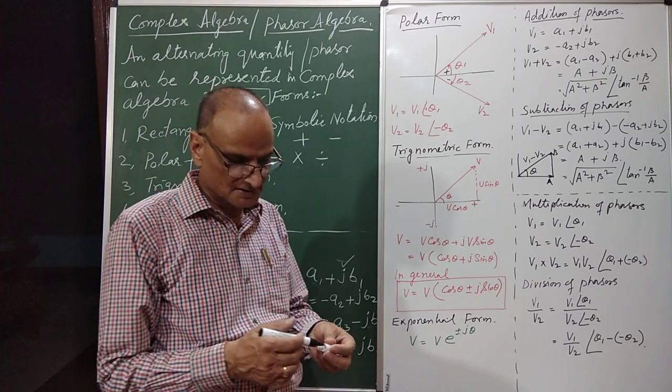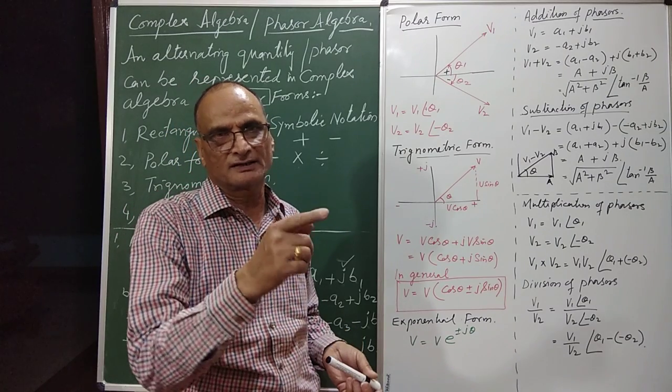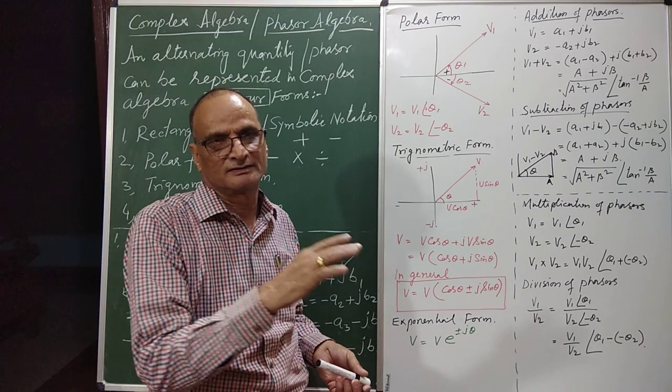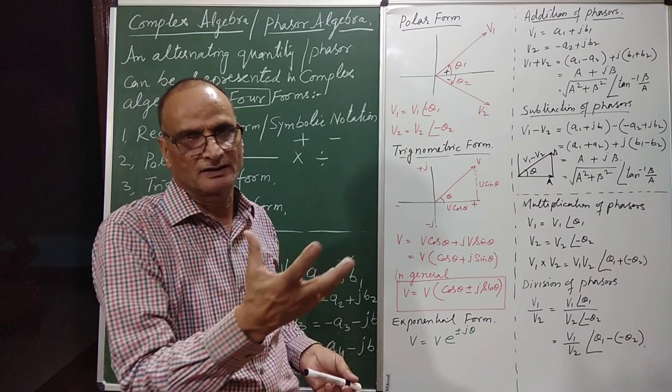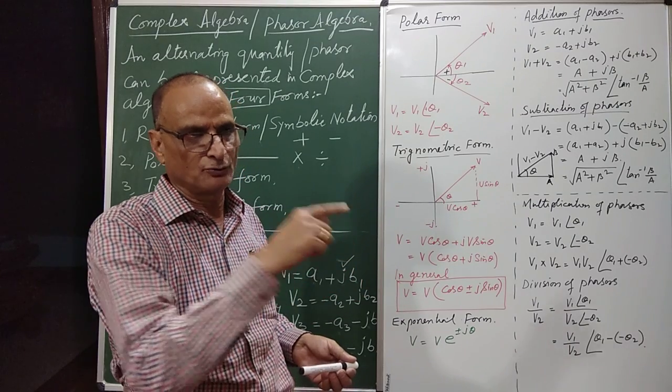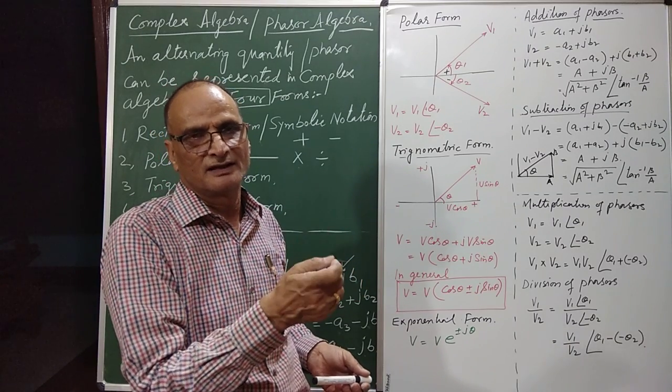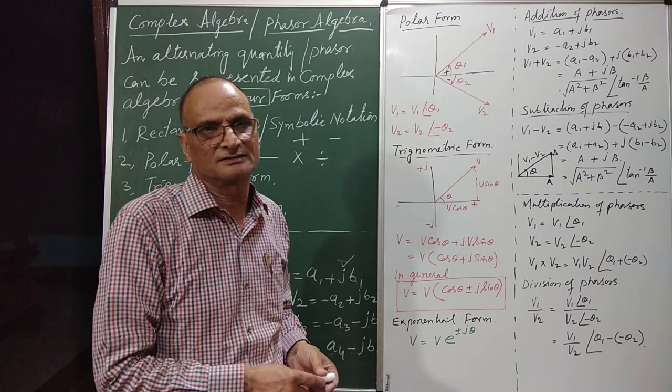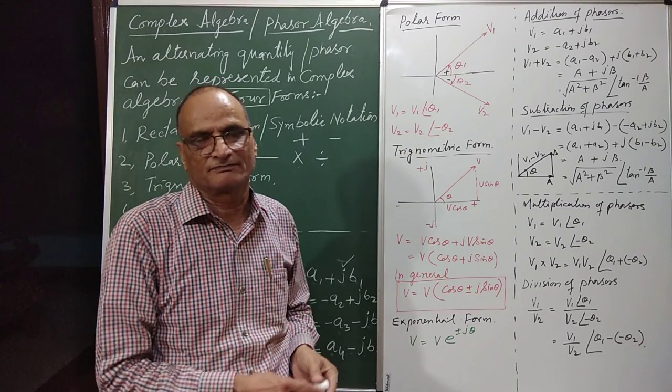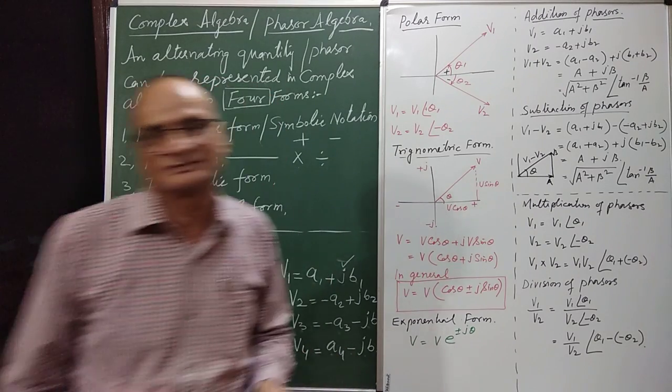And in the calculator this operation is available, P to R, R to P. You check these functions in your scientific calculator: the P to R function converts polar to rectangular and the R to P function converts rectangular to polar form. Okay, thank you.